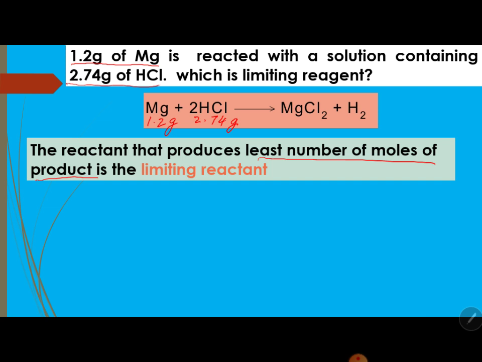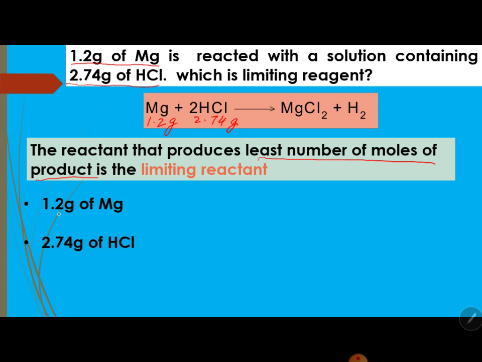So in order to identify the limiting reactant, we must calculate the number of moles of the product that can be produced by 1.2 grams of magnesium and 2.74 grams of HCl, the given quantities of the reactants. At the end of the calculation, we will be able to identify the reactant that is producing the least number of moles of the product and hence the limiting reactant.